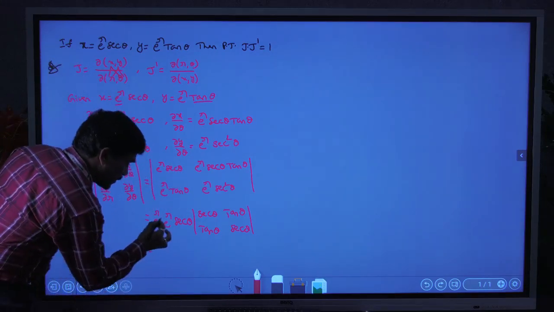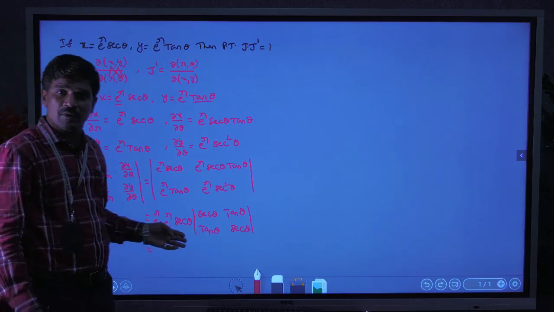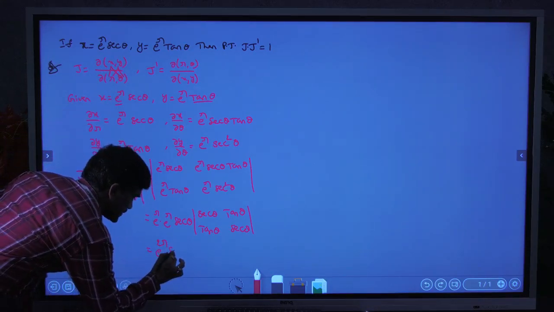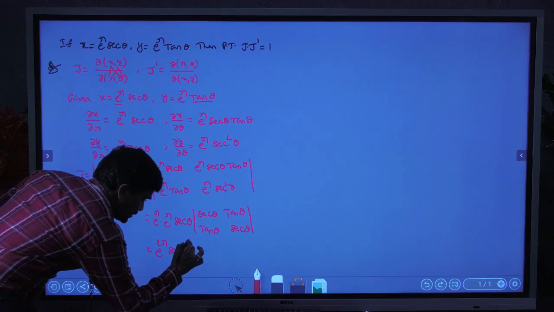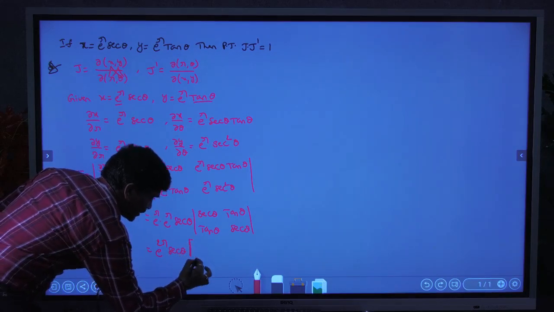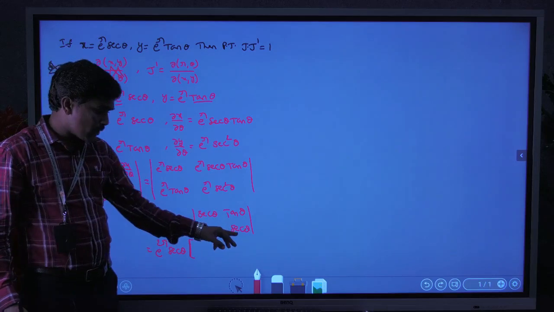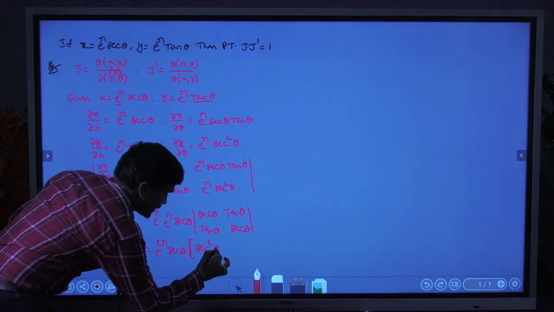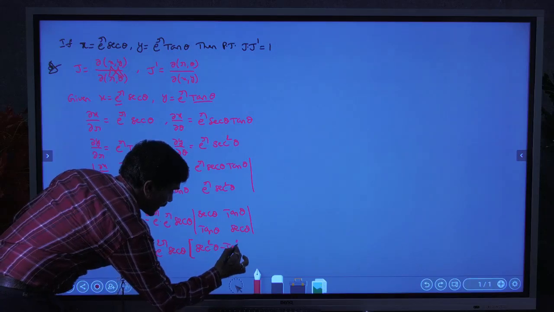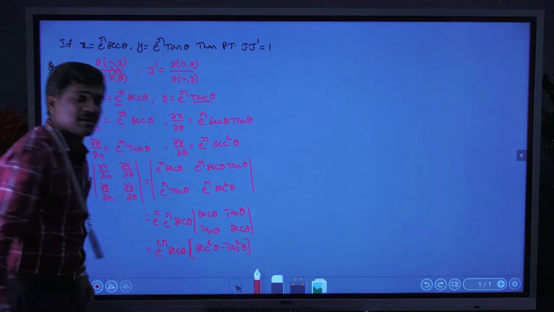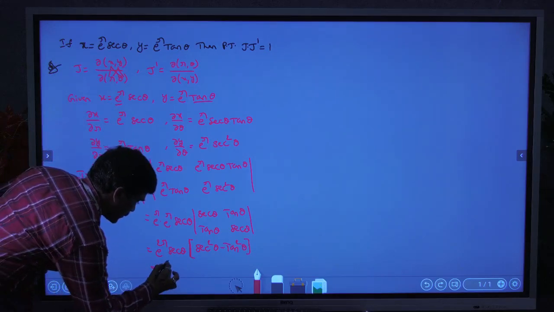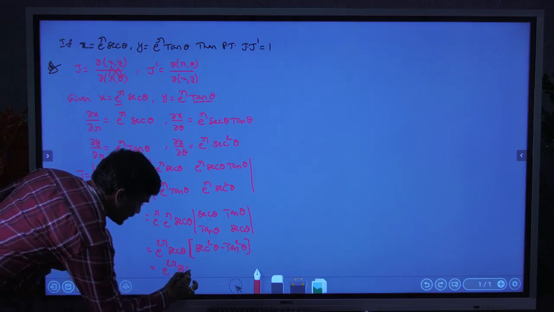Now e^r times e^r is e^2r into sec θ, right? So what's the determinant? Sec squared minus tan squared, right? Sec squared minus tan squared is 1. So that's why we get e^2r sec θ.